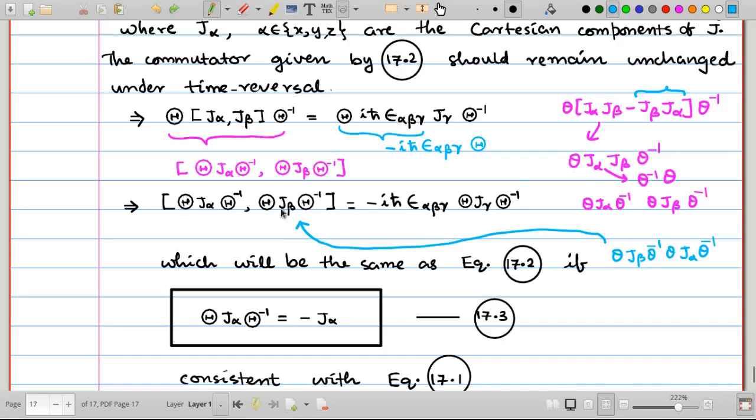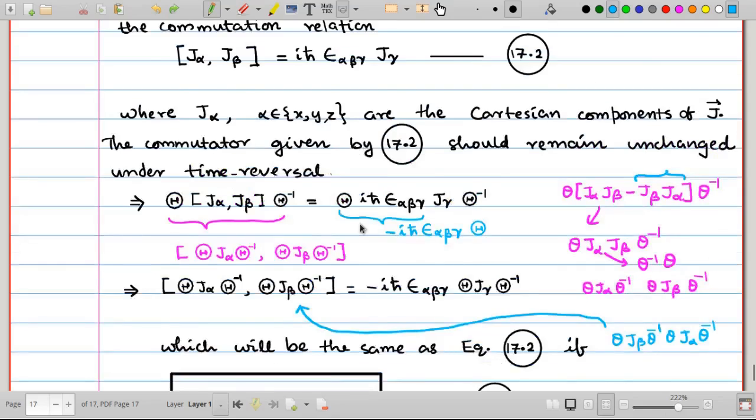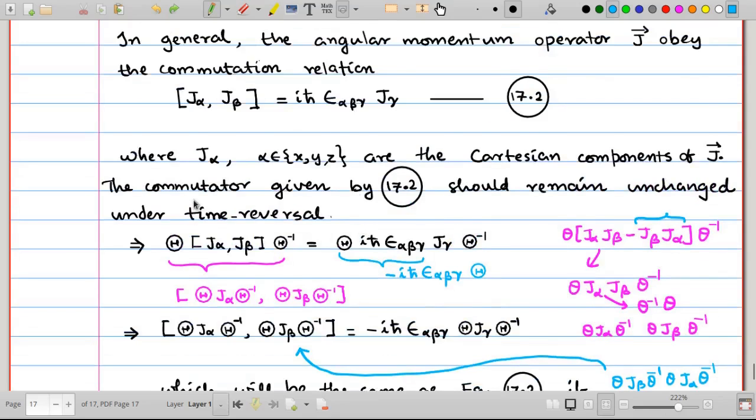So there will be two minuses here, an additional minus here, and that minus along with this minus cancels out, and these two minuses cancel out here, and we will get J alpha commutator with J beta equal to i h bar epsilon alpha beta gamma J gamma.